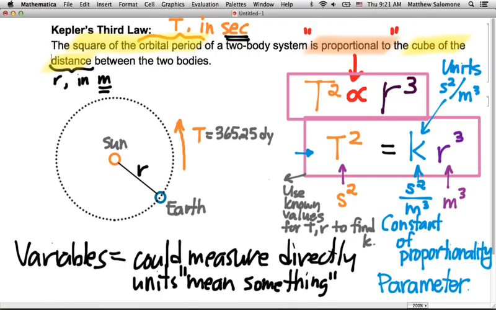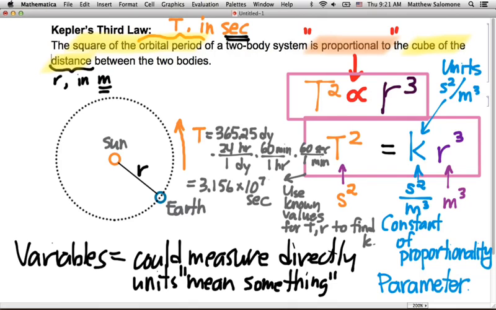And let's convert that into seconds, just by noting that there are 24 hours in one day, and that there are 60 minutes in 1 hour, and there are 60 seconds in 1 minute. Let me grab a calculator and get that. Okay, so there's the orbital period of our Earth, assuming its orbit is circular, which it is almost, but not quite.